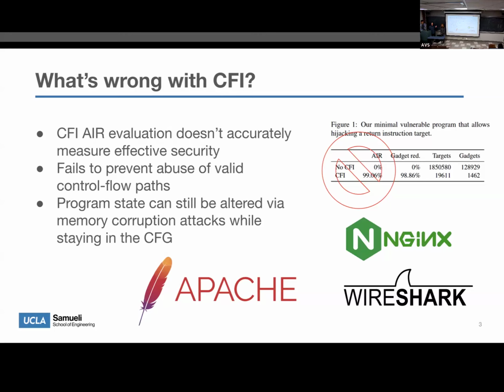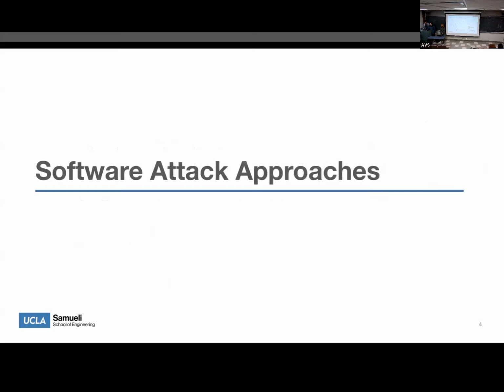Of the 1% or less of targets that CFI wasn't able to stop the attacker from reaching, a lot of those were actually useful. So the paper is trying to show that this 1% is a very meaningful metric, and CFI research needed a better method to evaluate this stuff.